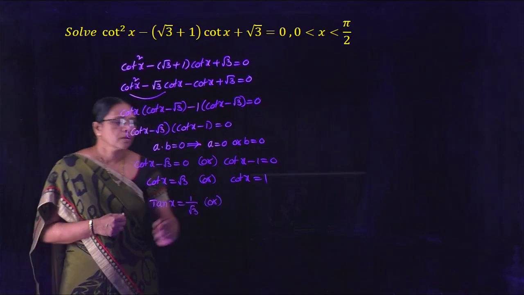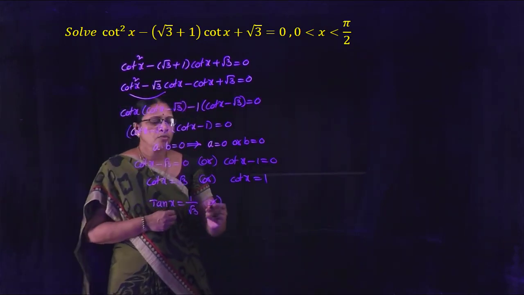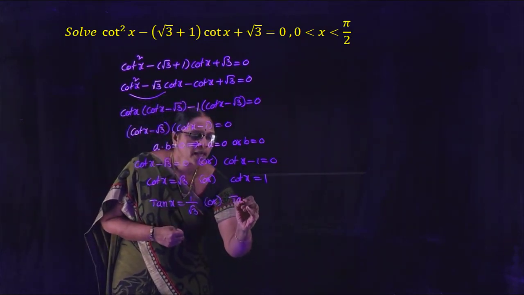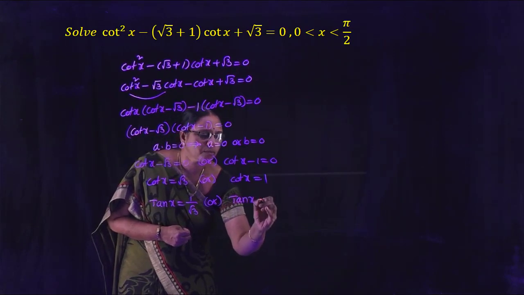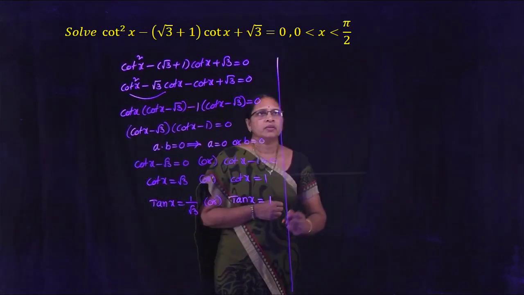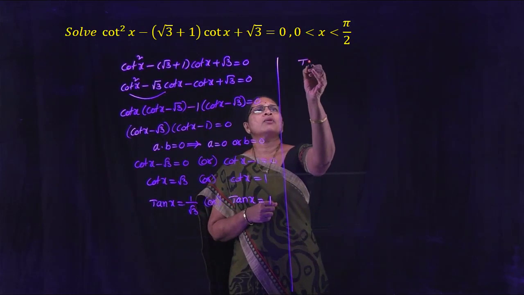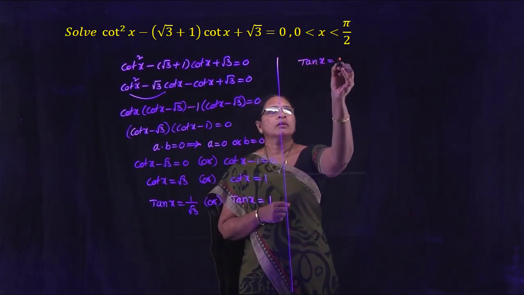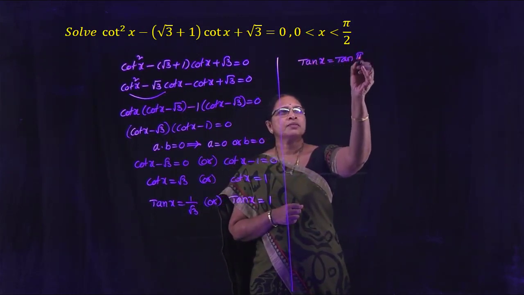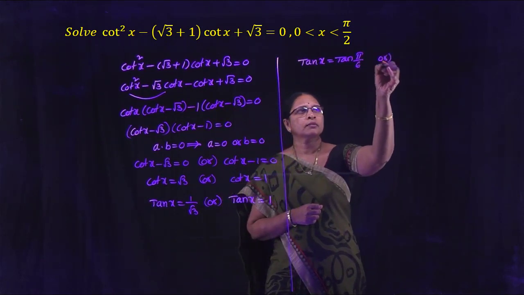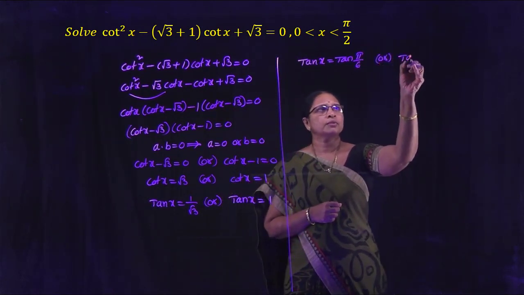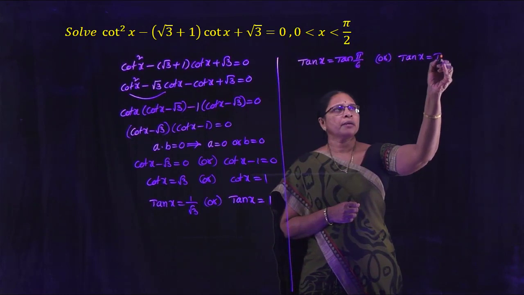Here cot x equal to 1, that means tan x is equal to 1 by 1, that is 1. Here tan x equal to tan pi by 6 or tan x equal to tan pi by 4.